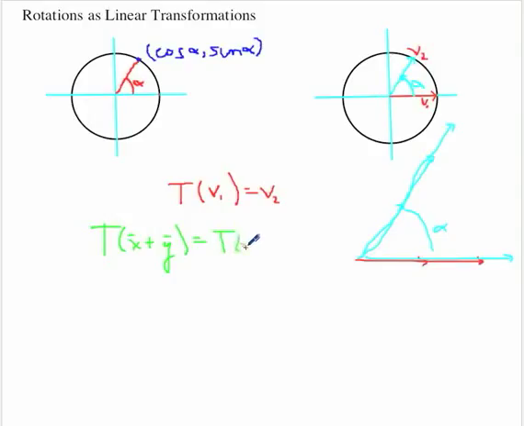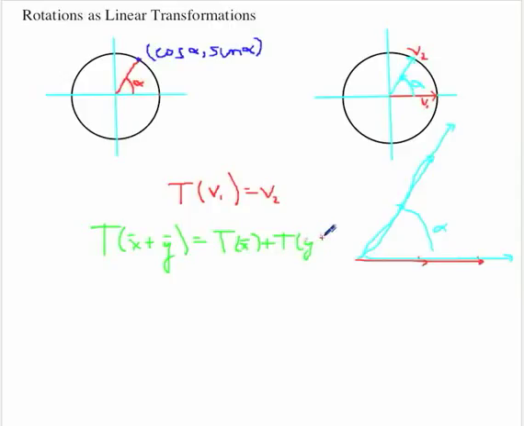And technically, when I did this rotation of this little piece here, I just sort of rotated the whole thing up. Really, I have to move it back to the origin, rotate it, and then move it back out by the amount that it got shifted. But you should be able to see that all works out, and everything just adds up.